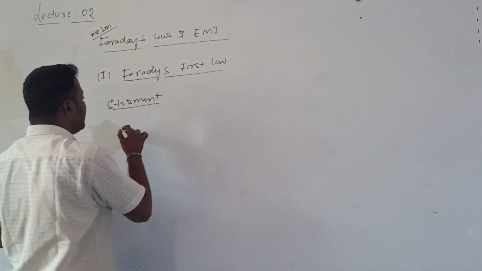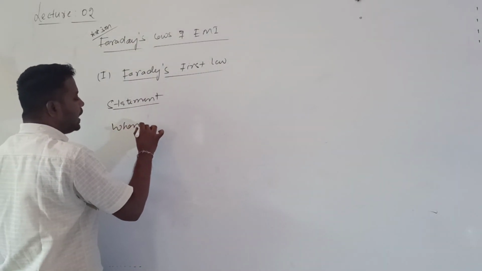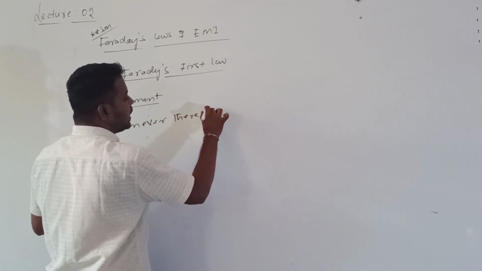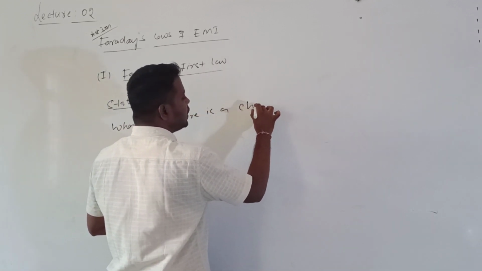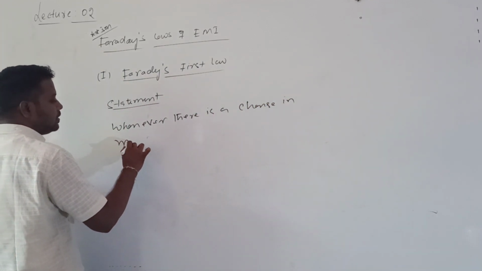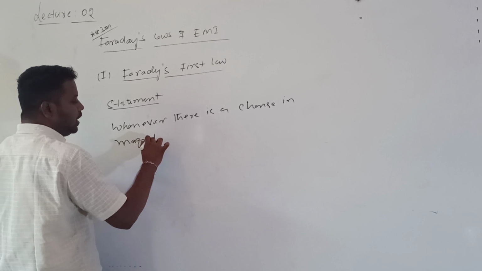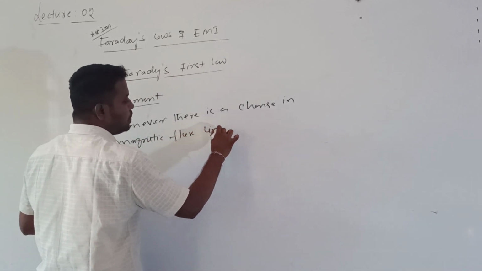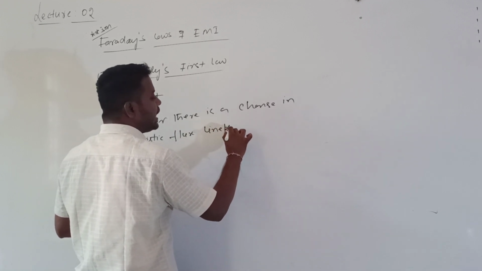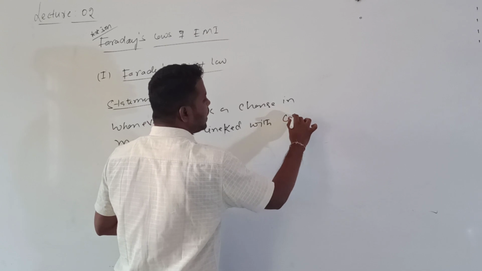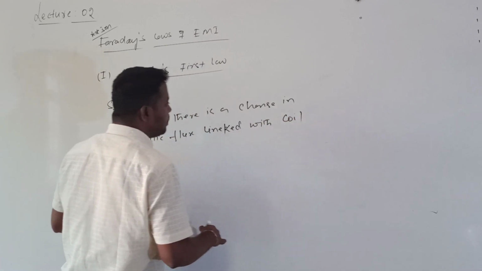So what is the statement? Whenever there is a change in magnetic flux linked with a coil. Magnetic flux should change, and it is linked with a coil. A coil is nothing but a closed loop.